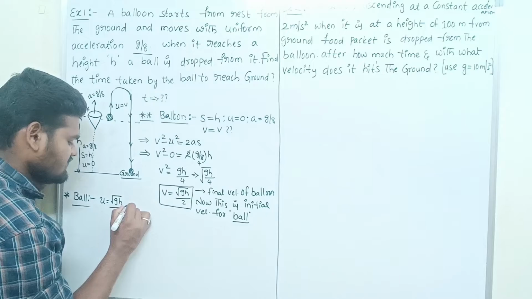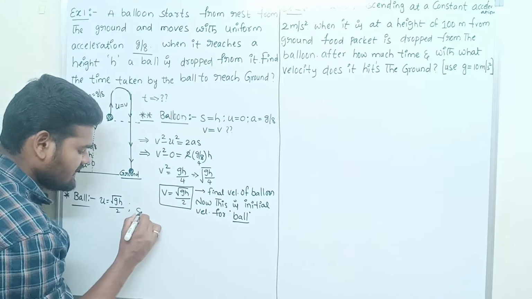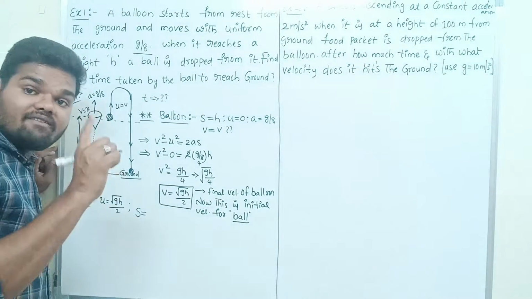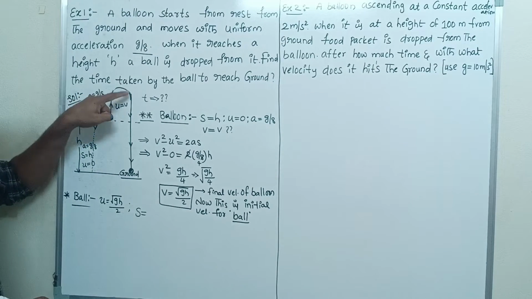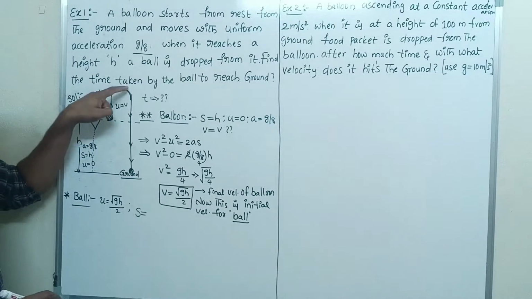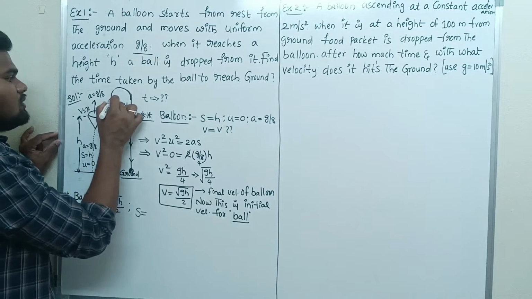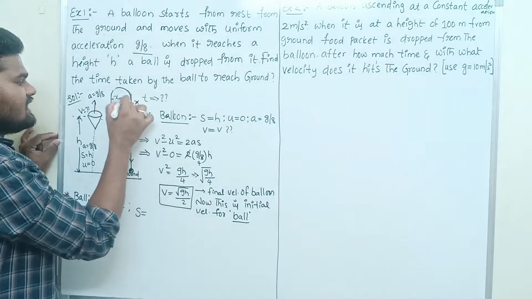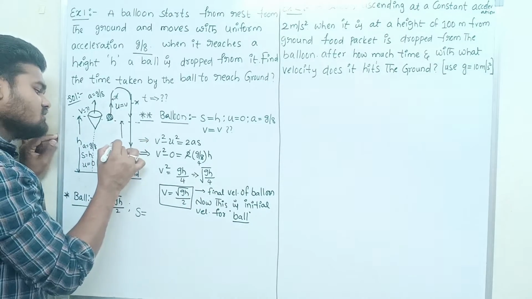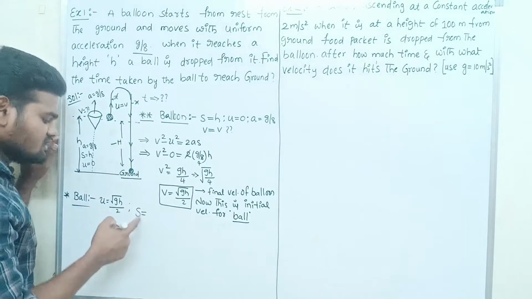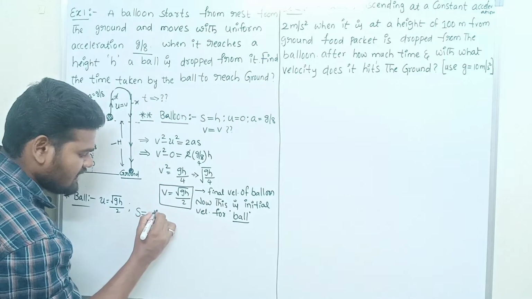Okay. So what is the displacement or the height of the ball? Already I told you in the tower case, let us consider this is x and this is x. If this is positive x, then it becomes negative x. So plus x and minus x get cancelled out, and the ball is moved towards the ground. Then this height becomes minus h. So displacement is equal to minus h.